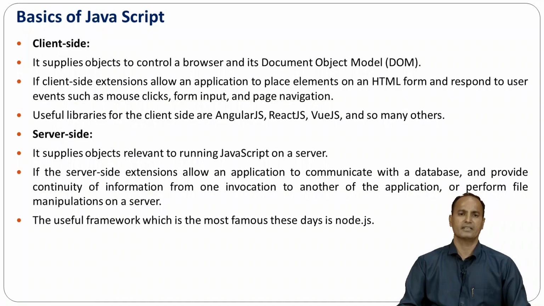Client-side extensions allow an application to place elements on an HTML form and respond to user events such as mouse click, form input and page navigation. Useful libraries for the client side are AngularJS, React.js, Vue.js and so many others which are widely used in today's IT industry.